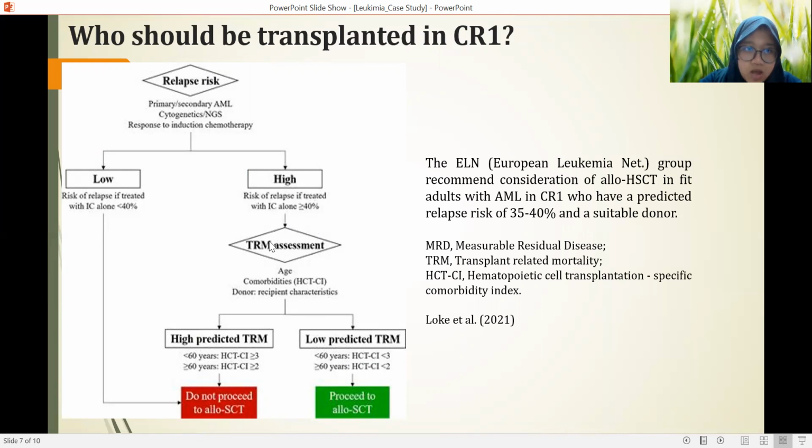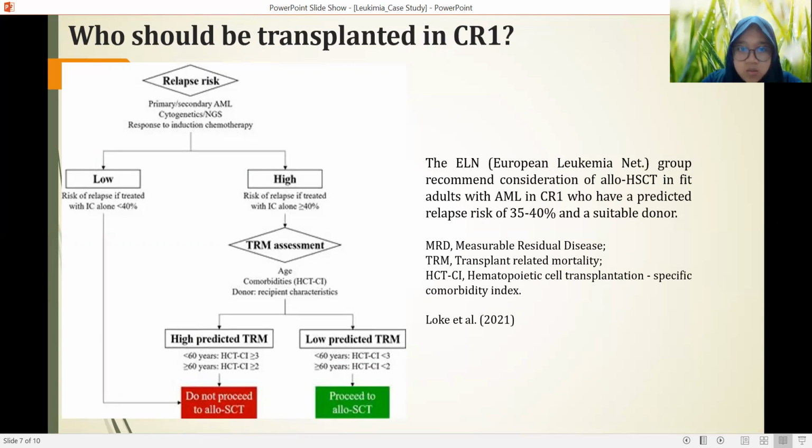And then for the high-risk patients, the TRM, or transplant-related mortality, will take place. The considerations are age, comorbidities, and donor. When the TRM is high, they cannot proceed to allo-SCT, right?